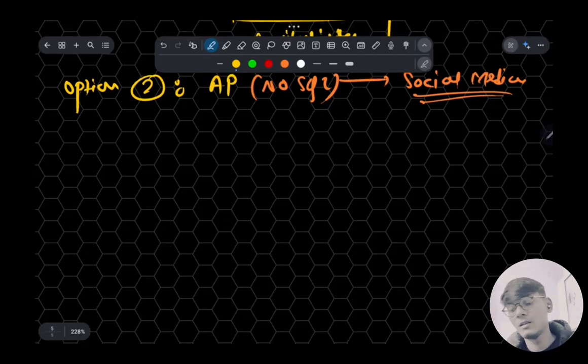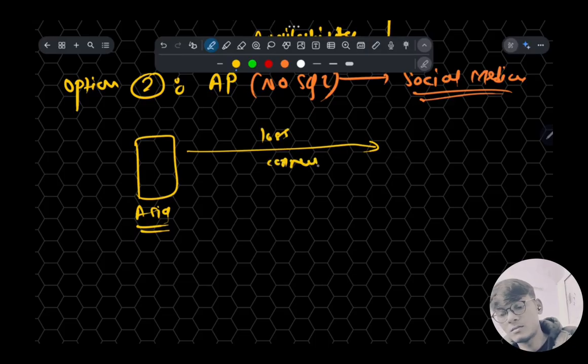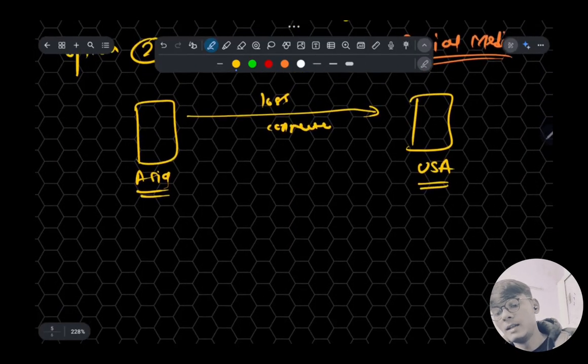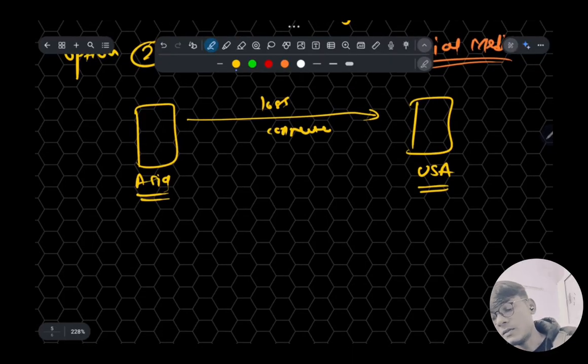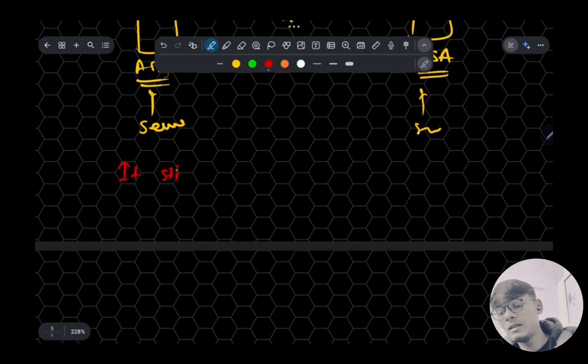If the Instagram server in Asia loses the connection to the USA server, which is connected with edge networks, a load balancer or something, then what happens? You still scroll.